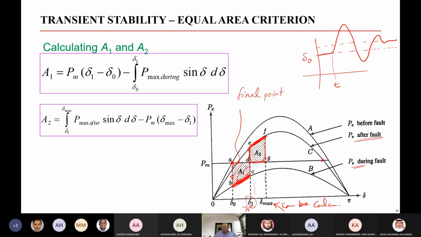Is it clear or not? When we say critical clearing, it means that we are utilizing the whole deceleration area available. In this case, delta max becomes known and delta 1 becomes unknown.